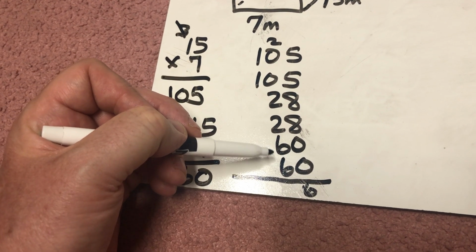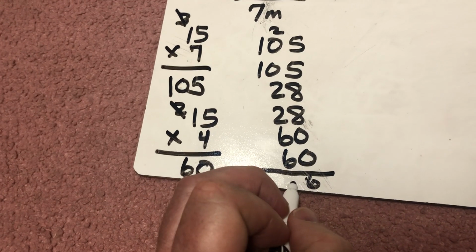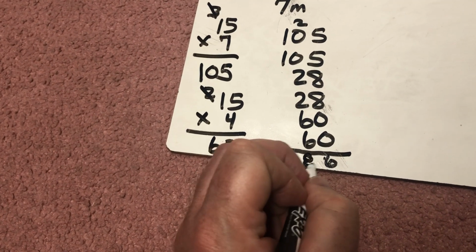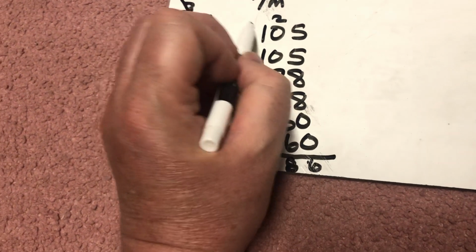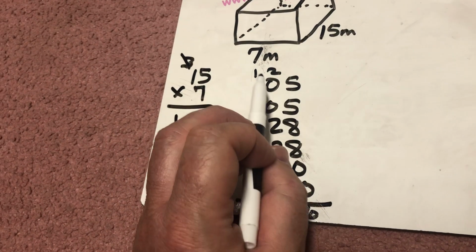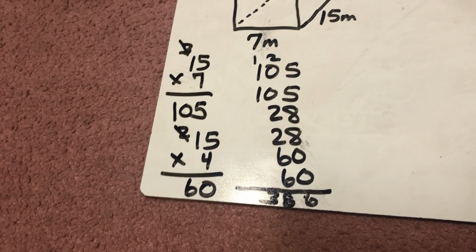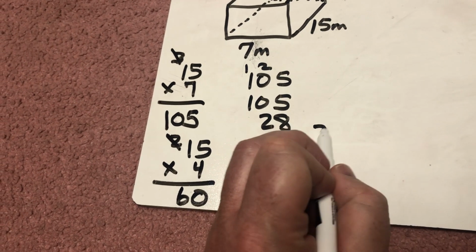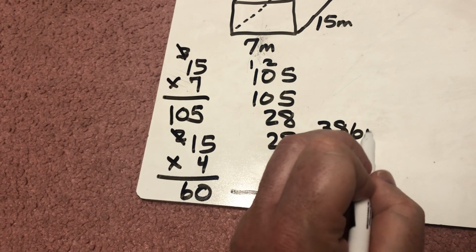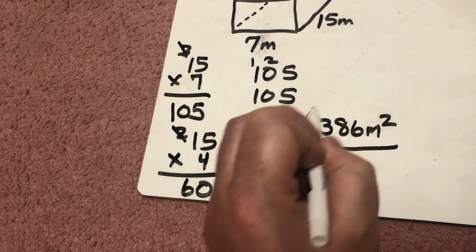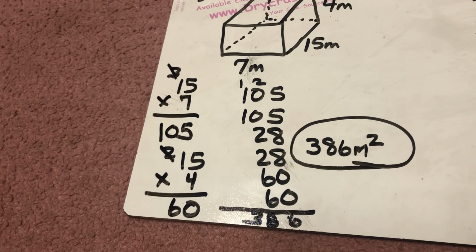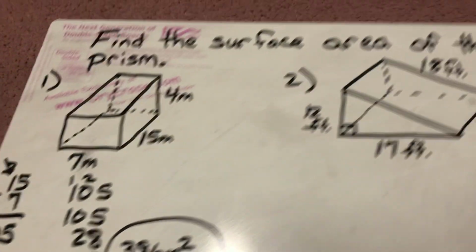Plus 6 is 12. Plus 6 is 18. So I'm going to put the 8 down. Carry the 1. 1 plus 1 plus 1 is 3. I get 386. 386 square meters. And that's the surface area of that rectangular prism.